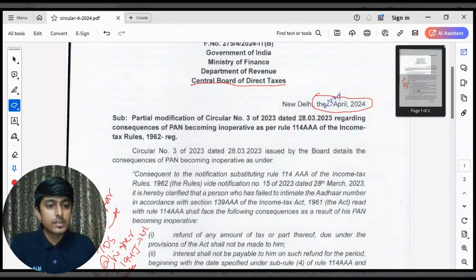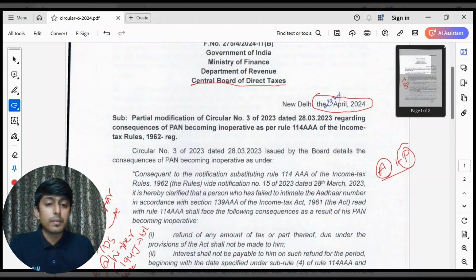The taxpayers deducted the TDS under the provisions of the Income Tax Act 1961. However, many of the deductees failed to link their Aadhaar card and the PAN card. When the assessees were trying to file their TDS returns, they were not given the option to check whether the Aadhaar card and the PAN card were actually linked or not.